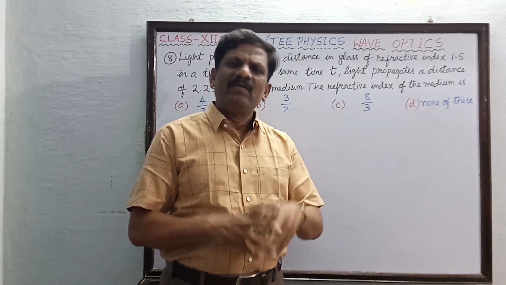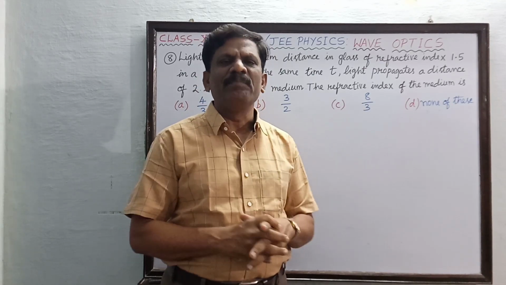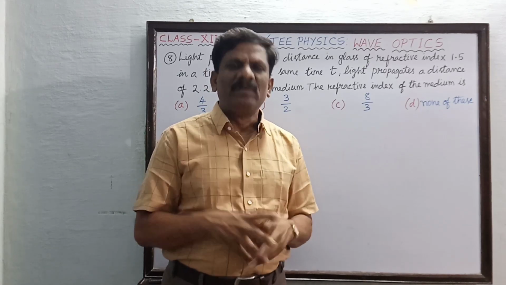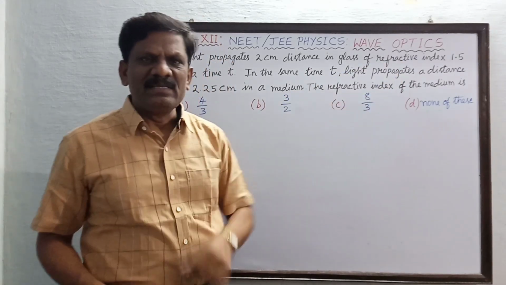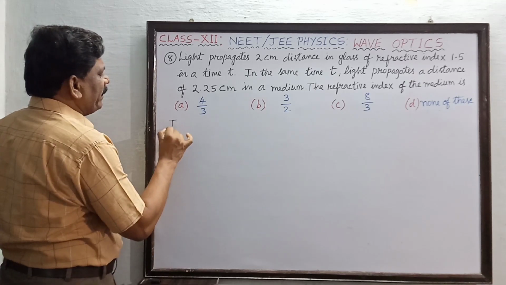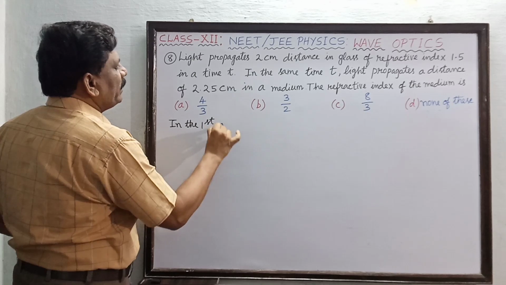We have already studied the concept of optical path by comparing the light traveling in air and in another medium. But here, glass and another medium are compared. So the first medium is glass.